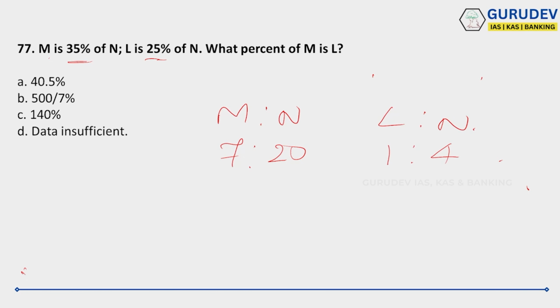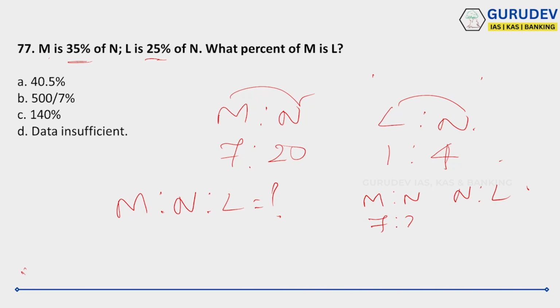Okay, fine. If you write this as a ratio, now it is looking like A is to B is to C. Look here, A is to B is to C. If I write this as M is to N is to L, what is the answer? It will be the same fundamental as A is to B is to C. If I write M is to N as 7 is to 20, and N is to L as 4 is to 1, I have just rearranged whatever data is given.